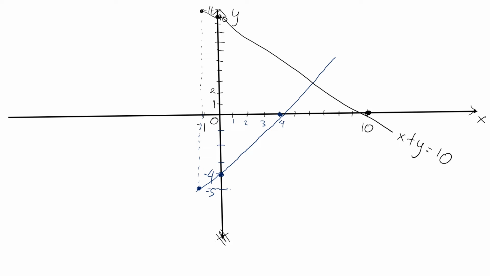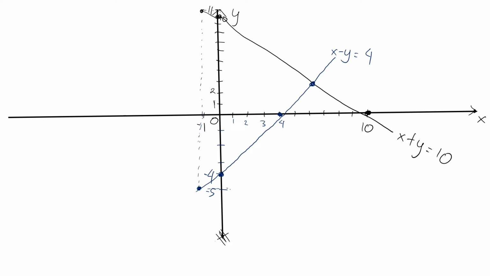Find out the intersection between the two lines. You can write here x minus y equals 4. If you draw correctly, you will find the point correctly, also in the right scale, because my drawing is not quite good.